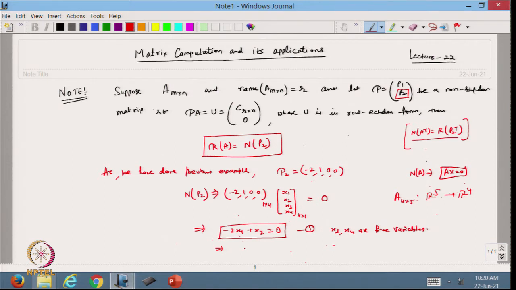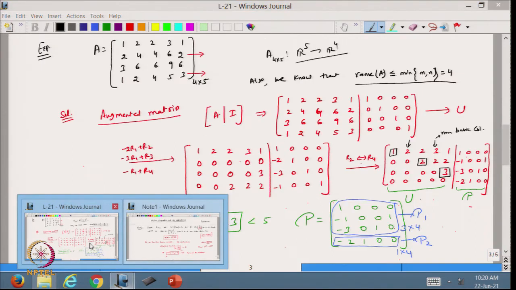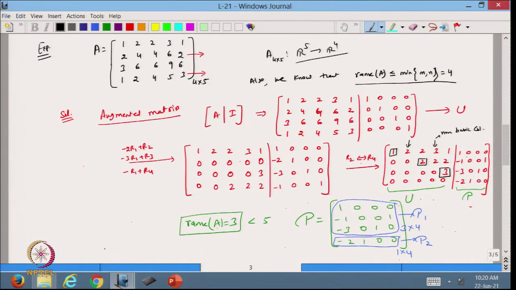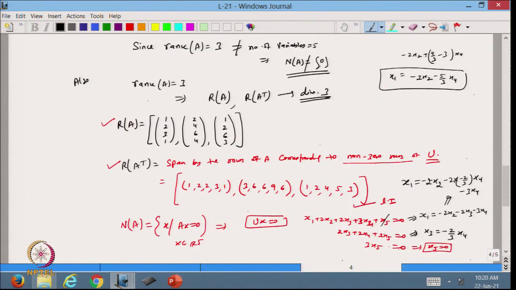From the previous matrix we came to know that the rank of A is 3, and the range of A is made up of this.